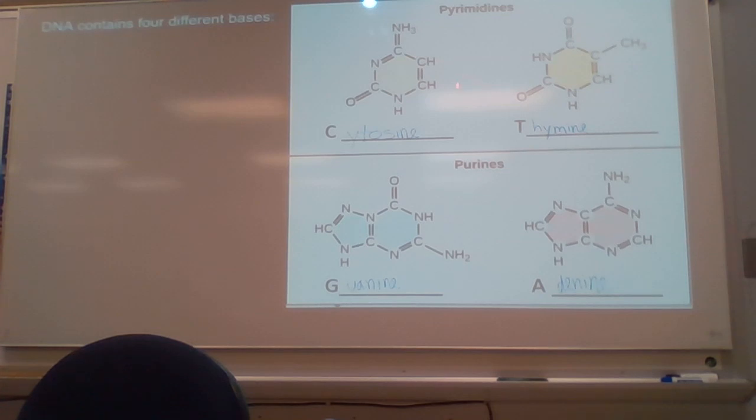In your groups, what do you think the difference is between these pyrimidines and these purines? Look at those structures.